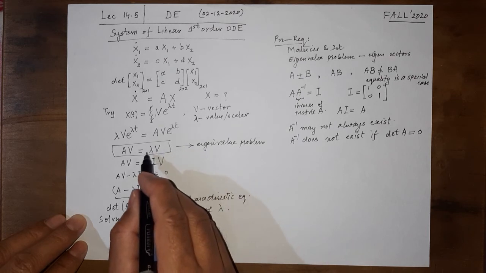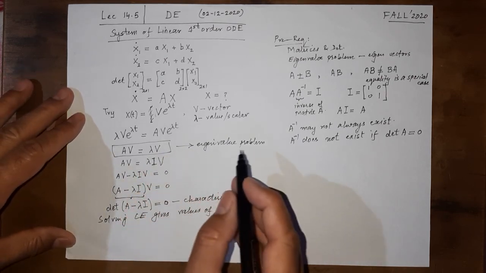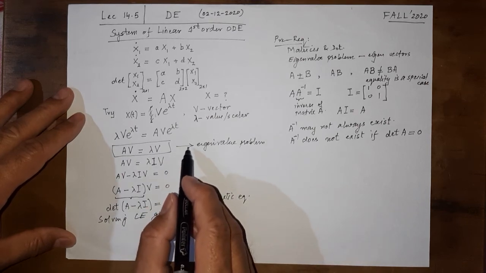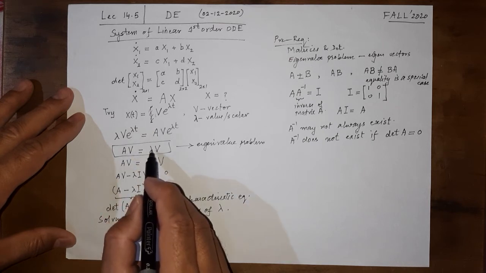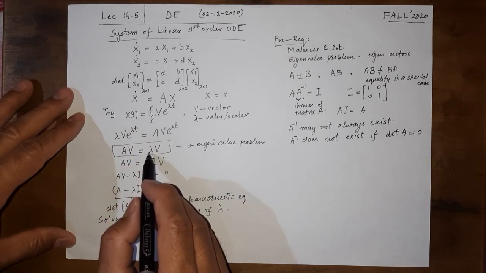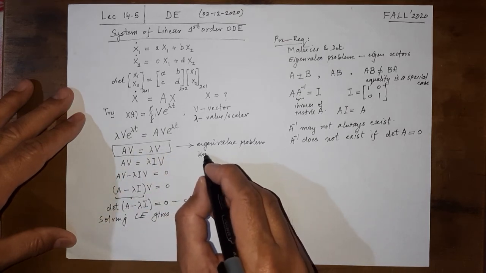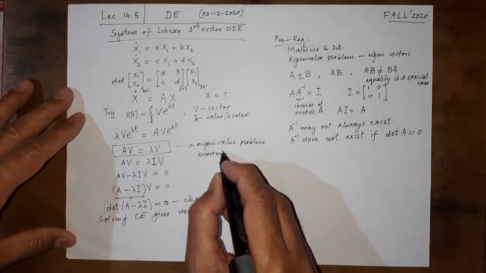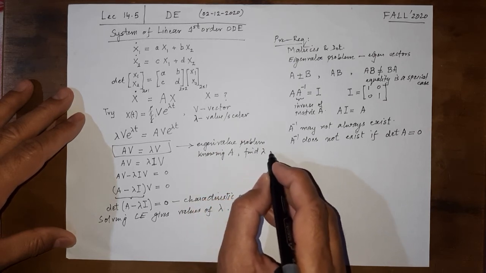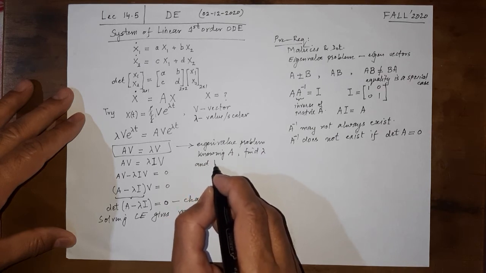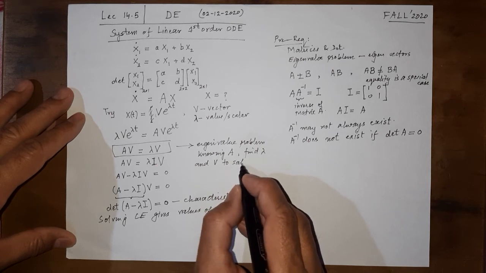The eigenvalue problem is a well-defined problem in mathematics, in the matrices domain, and it says: knowing A, what will be a scalar lambda and a vector V such that this is possible. So we know A, and we find lambda, a scalar, and V, a vector, to satisfy this.